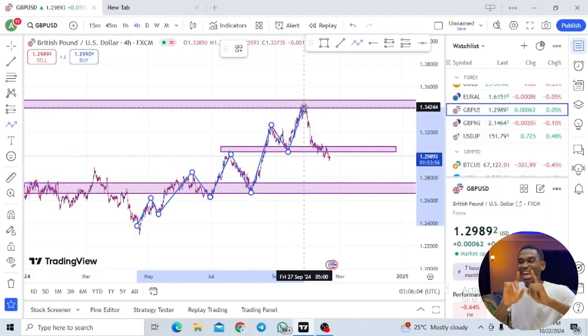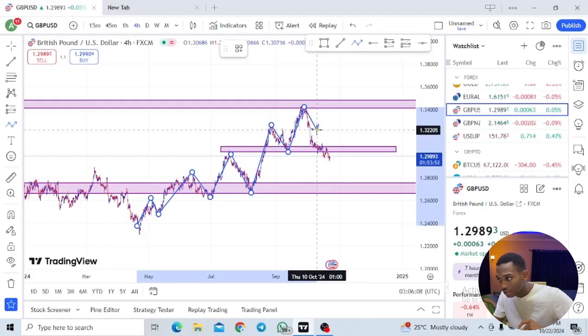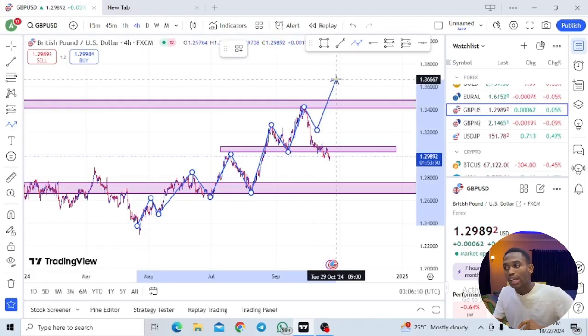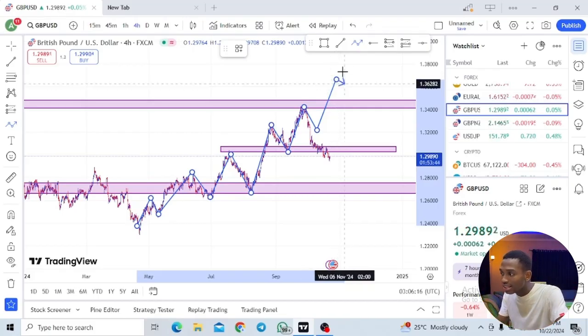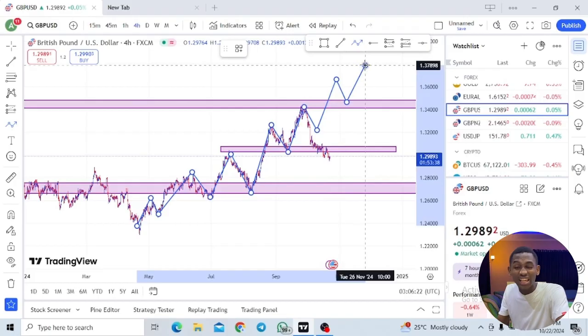Now, listen. If the market had done something like this, it came back to this level and then went to the upside, we would have said the market is on an uptrend. So as it is here, the next thing we're expecting is for it to come back to this key level and then go back to the upside. That is if it is continually on an uptrend.